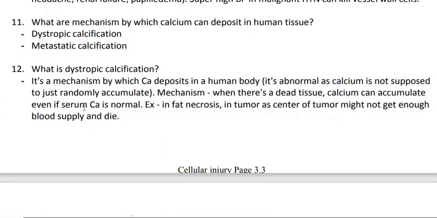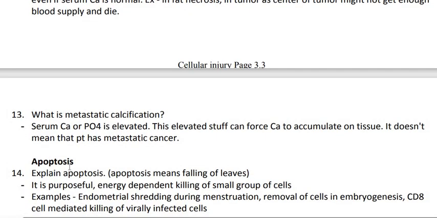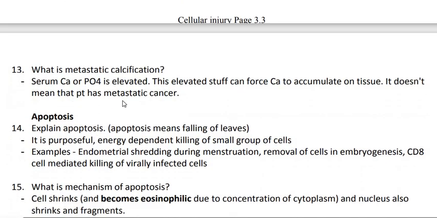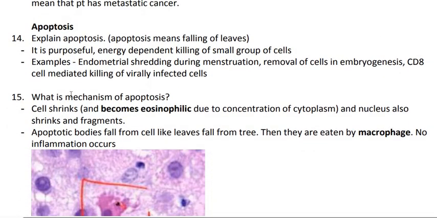In dystrophic calcification, calcium deposits abnormally, as calcium is not supposed to accumulate randomly. In dead tissue, calcium can accumulate even when serum calcium is normal, as in necrosis, or in a tumor whose center might not get enough blood supply and dies. In metastatic calcification, serum calcium and phosphate are elevated, and the high calcium phosphate product can force calcium to accumulate in tissue. It does not mean the patient has metastatic cancer.